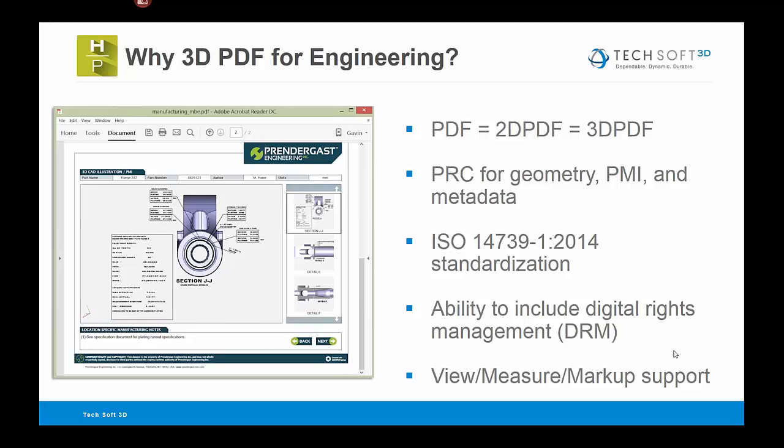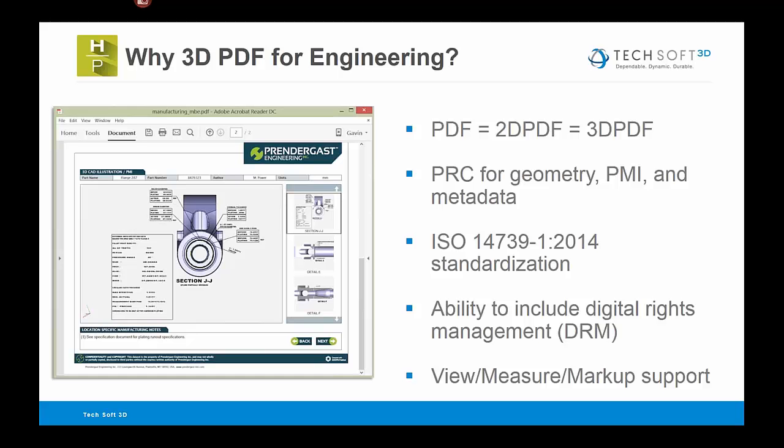Another element that makes it very suitable is part of the PDF standard includes support for something called PRC, or Product Representation Compact, which is a file format that allows us to describe with full accuracy geometry, product manufacturing information, and metadata, as well as things like view states and so on.